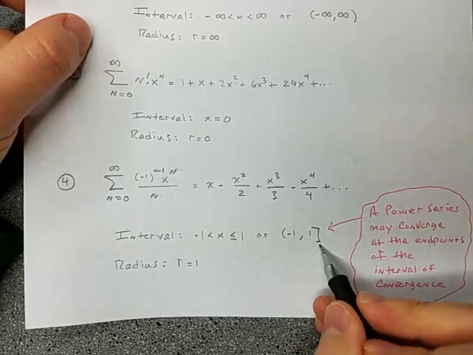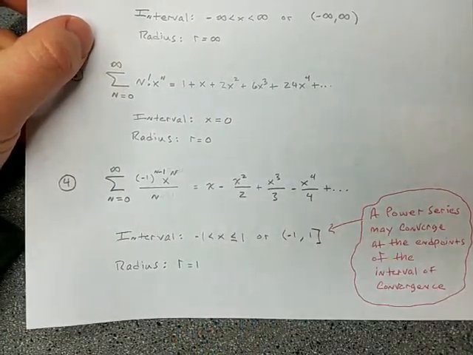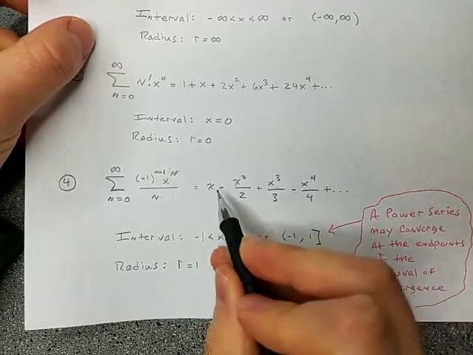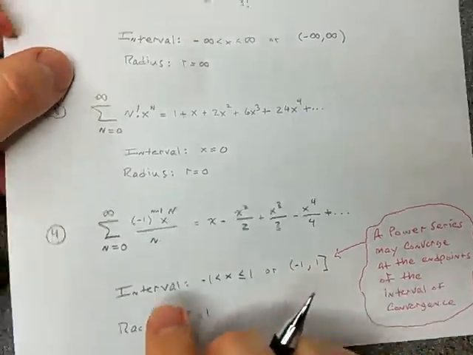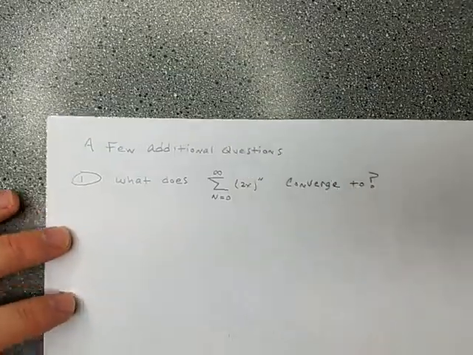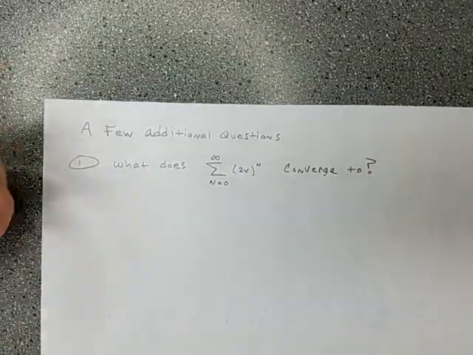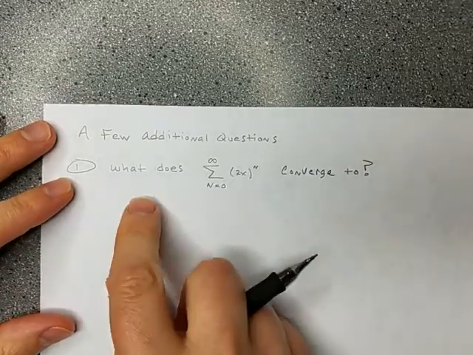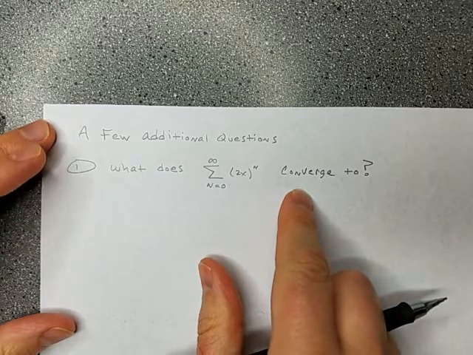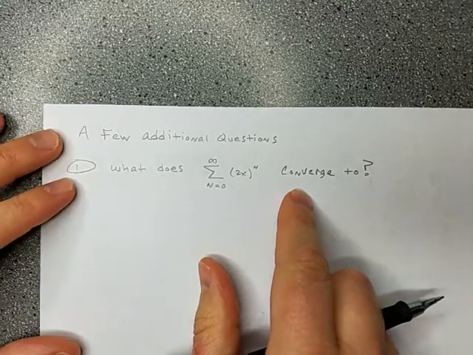It turns out if you put 1 in, you get a series that converges. If you put -1 in, it doesn't converge, right? Those are the only numbers that it converges for. So let's elaborate on that with a few additional questions, okay? When I say this series converges, what does it converge to?